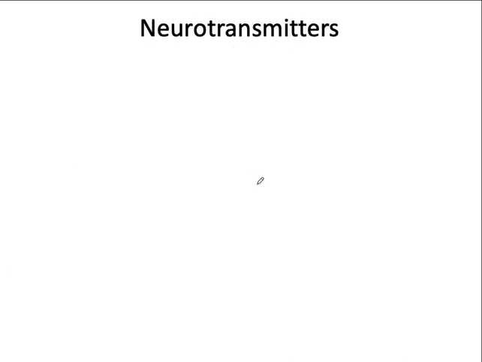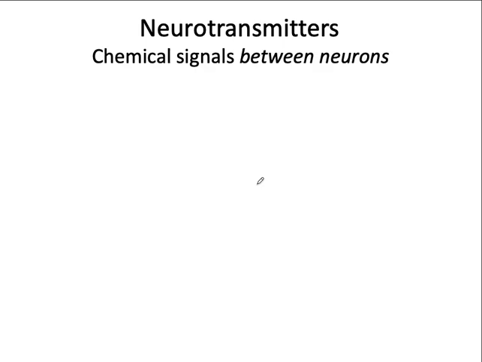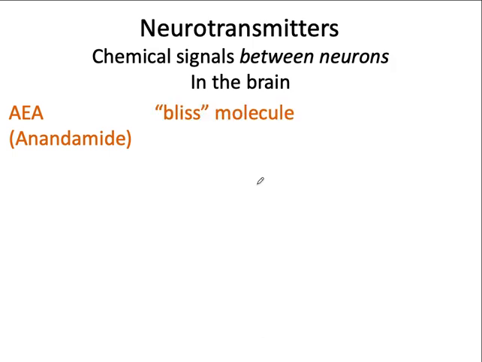Okay, neurotransmitters are chemical signals between neurons or between brain cells in the brain. AEA, or anandamide, is the so-called bliss molecule, which is released after high levels of physical activity in humans and also dogs.